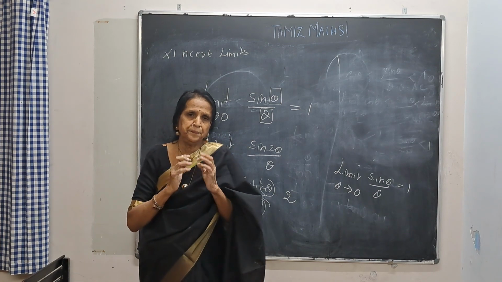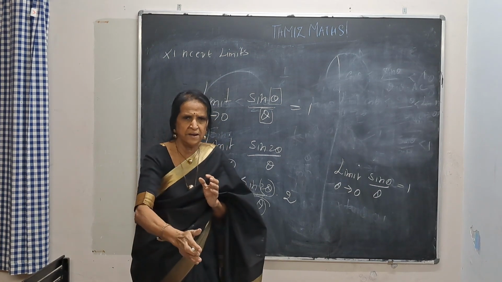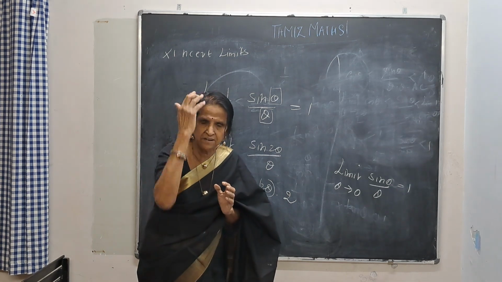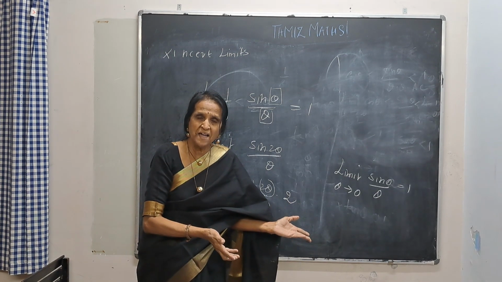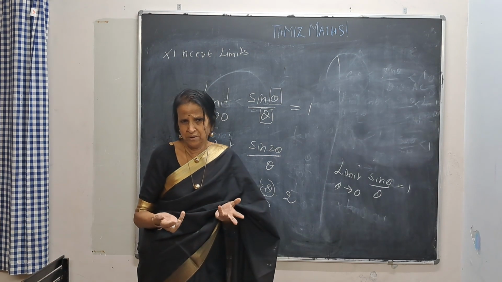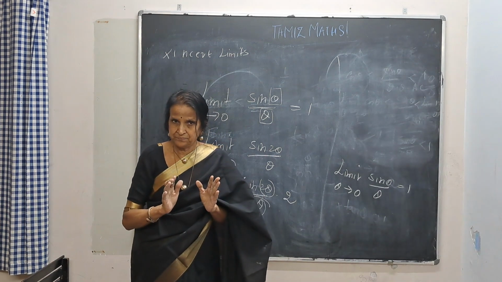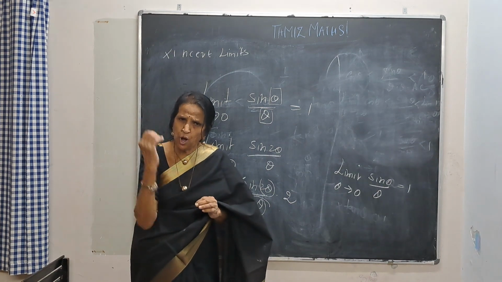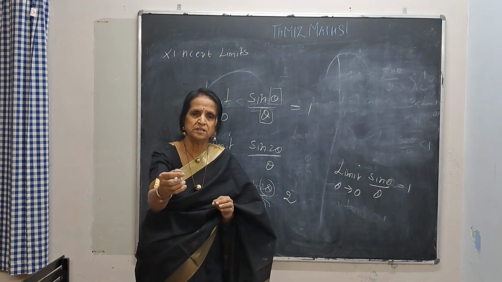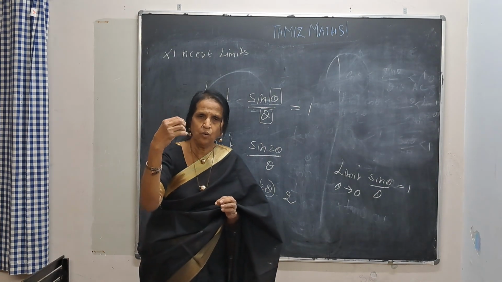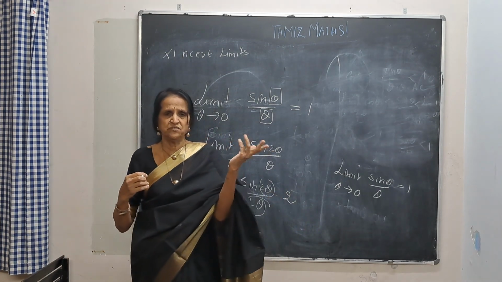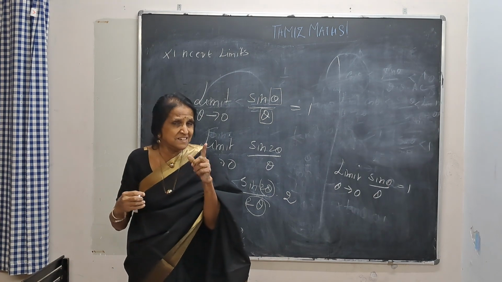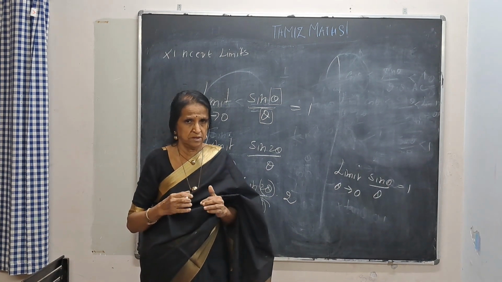A mathematical person will say it is indeterminate, a layman who doesn't know maths will say I don't know. All are one and the same. So this topic deals with infinity, how when you divide by infinity we get 0, infinity power 0, infinity minus infinity. All these things are going to occur in this.